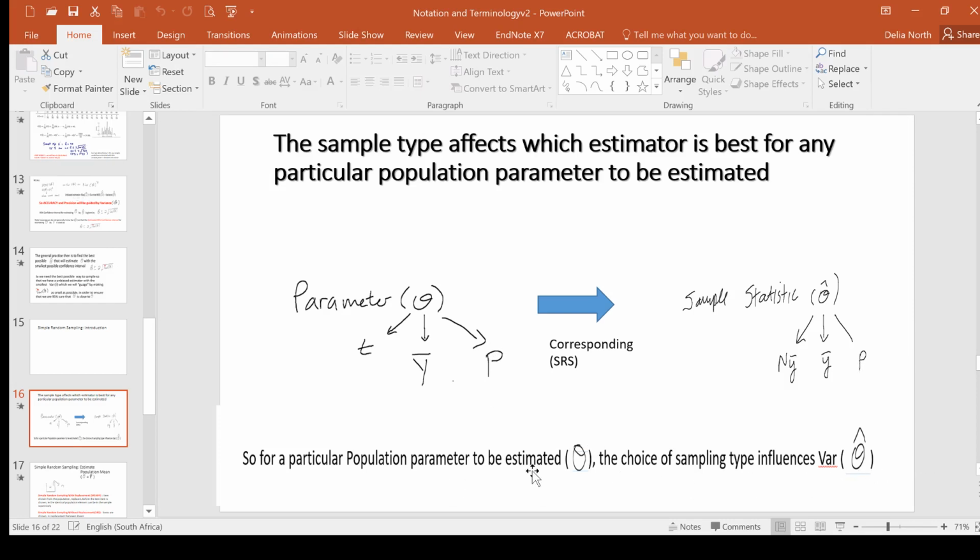So, as I said, according to whatever you want to estimate, you would work out the estimator. These are the theta hat values, but also how well you estimate will be affected by the variance of the estimator. We've just spoken about that.